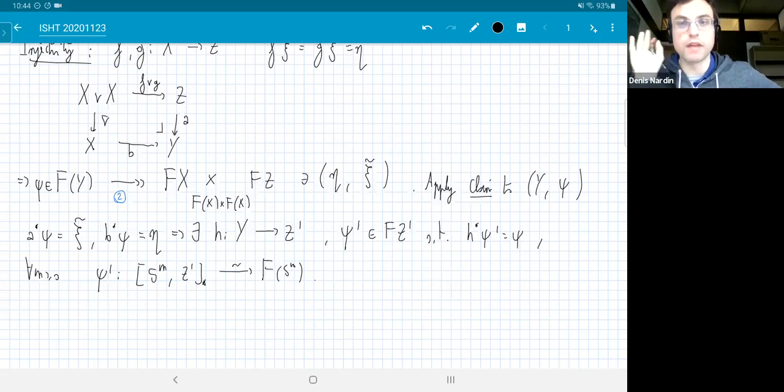That's again our claim. We haven't proven the claim yet. We will after we finish this injectivity proof.